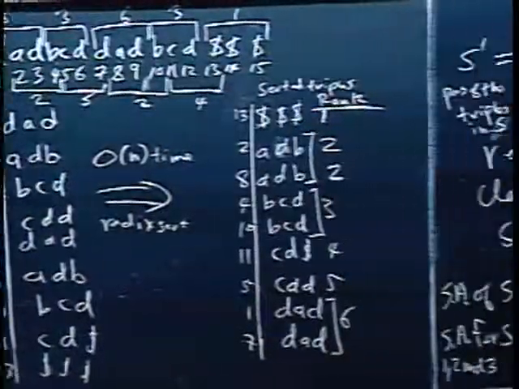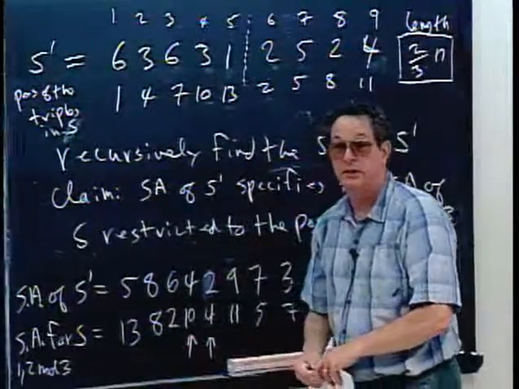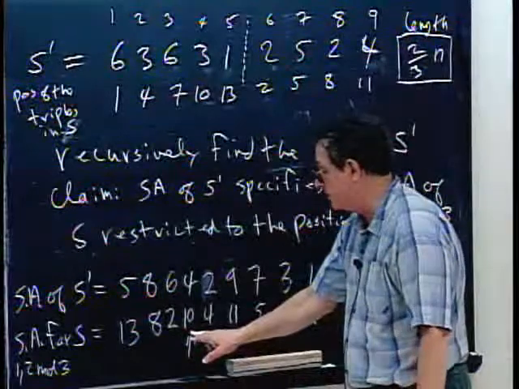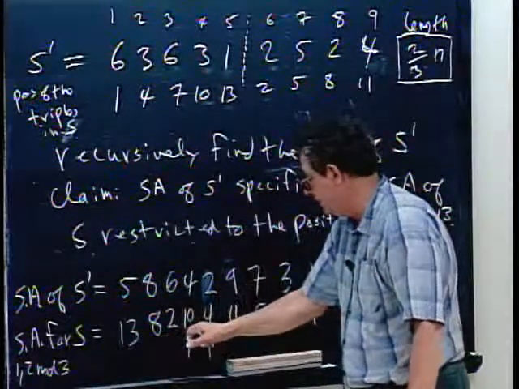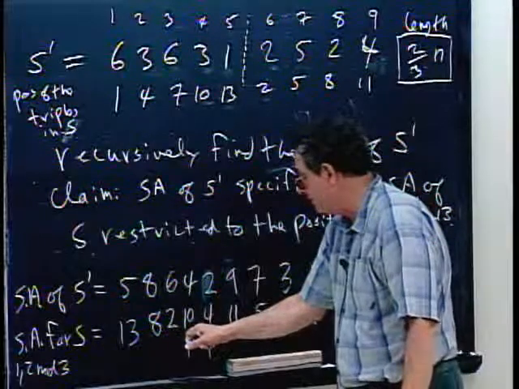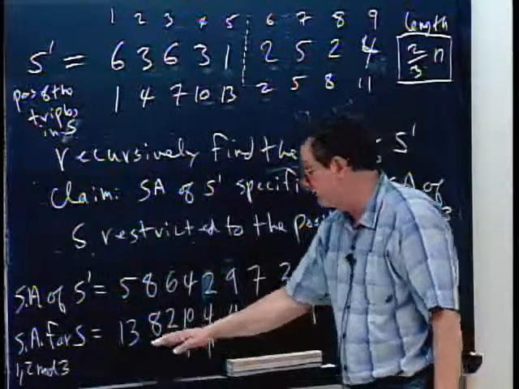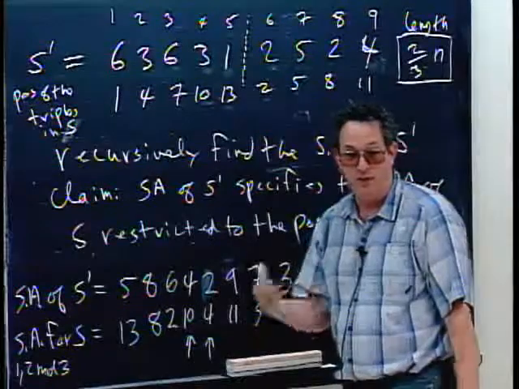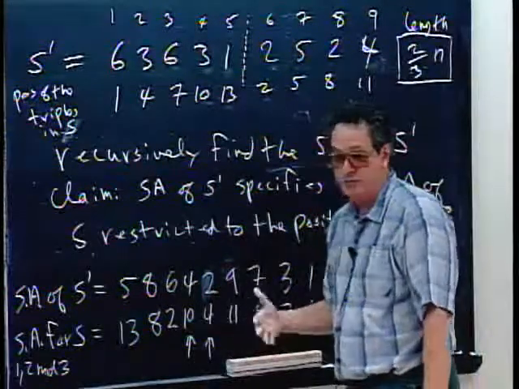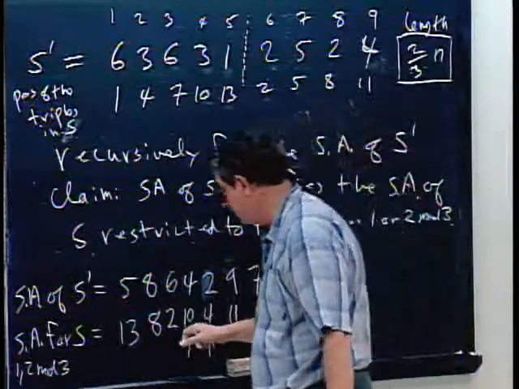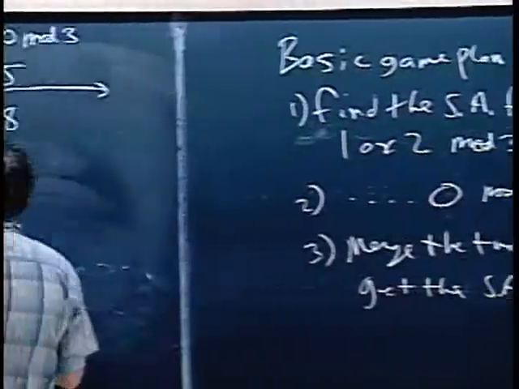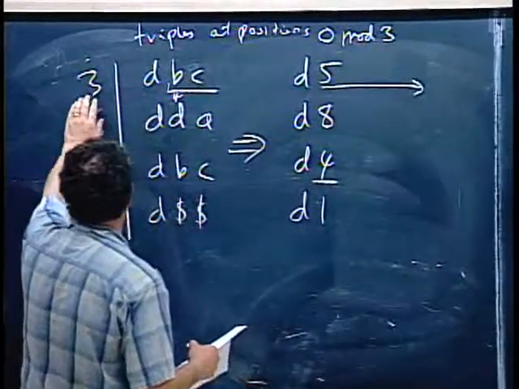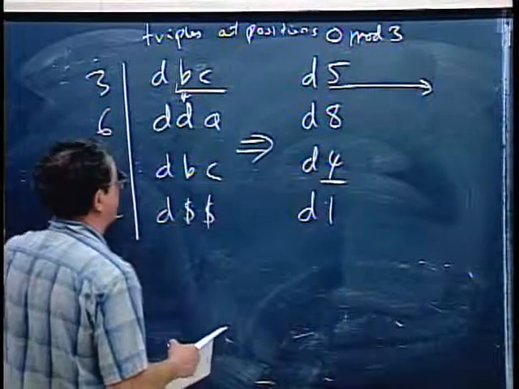Here we look at where 10 is in the suffix array for S restricted to 1 or 2 mod 3, and we see that the suffix that begins at position 10 is the fourth smallest of all the suffixes that begin at positions 1 or 2 mod 3. Well, that's position 4. So we've recoded the substrings that begin at 3, 6, 9, and 12.